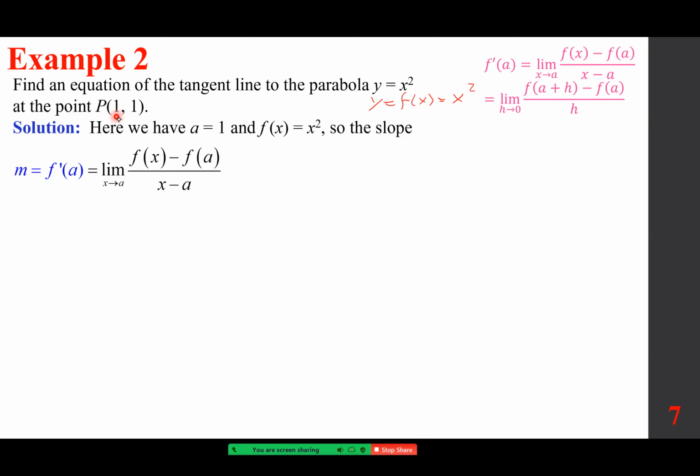A is the x coordinate of the pair 1, 1. So we want f prime of 1, we plug in. And at this point, f of x, simply put, is x squared. Let's put it there.